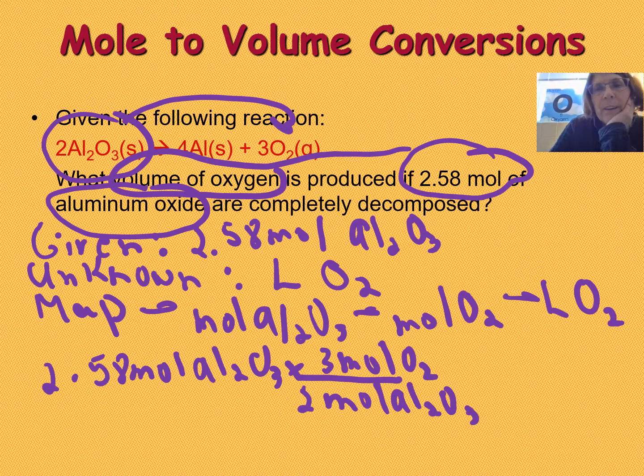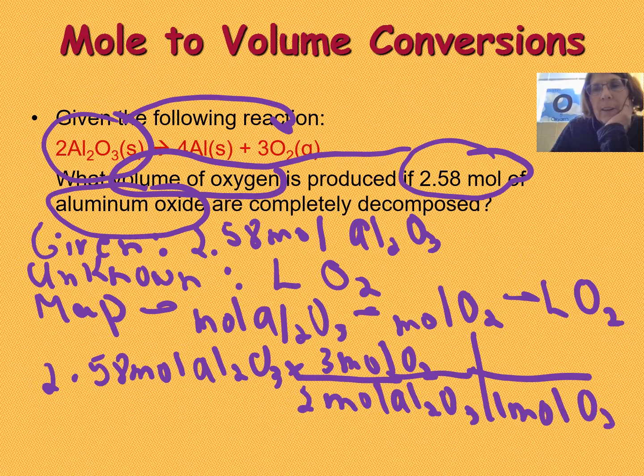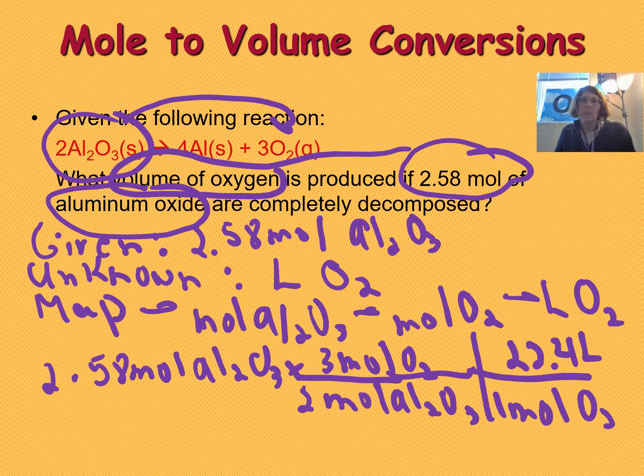We want volume, so we're going to go from moles of oxygen to 22.4 liters of oxygen. So we need 2.58 times 3 times 22.4 divided by 2.